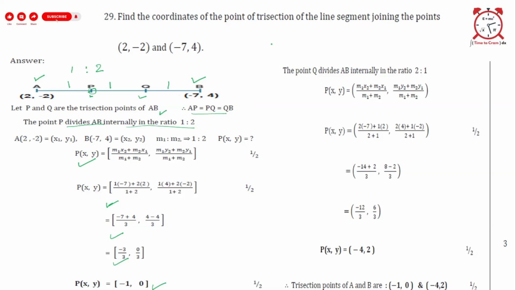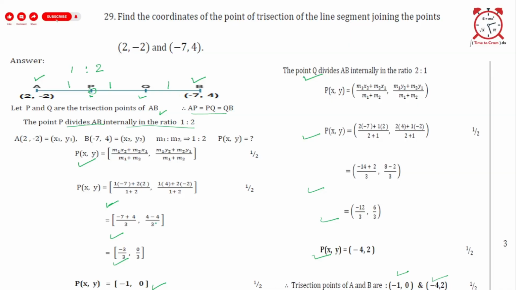Similarly, we can find the values for point Q by the same procedure. So in that way, the trisection points of A and B are (-1, 0) and (-4, 2). We have to write the answer in small brackets only, keeping the comma. Students are not writing the answer in that way in the board exam.